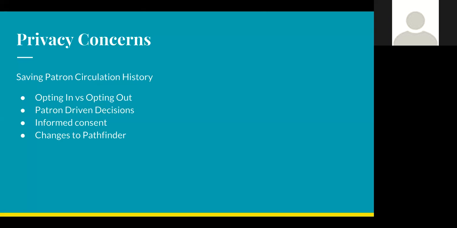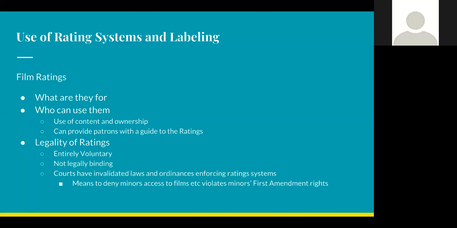So anyway, okay, we want to get to the next part because I'm sure that's why a lot of you came. All right, so the use of rating systems and labeling. This topic came about because, as you all know, CKLS provides a movie viewing license for all of the libraries across the system.